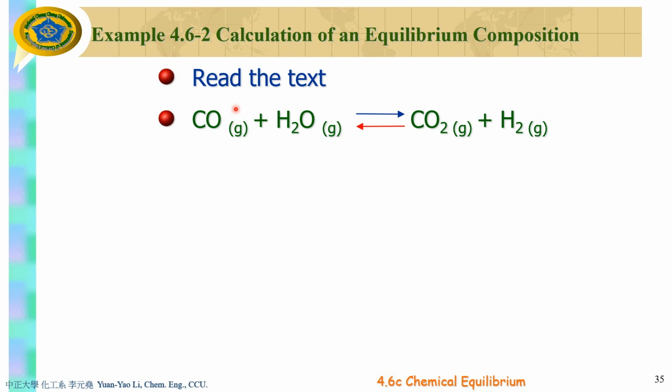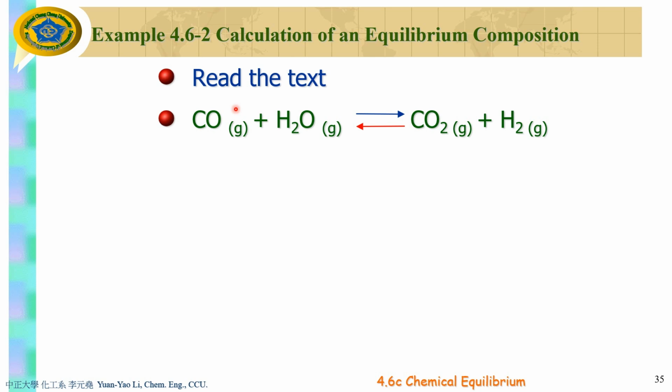This is the product, and the reactants are underneath: divided by y_CO times y_H2O equals K. K is the equilibrium constant. The temperature is 1105 Kelvin, and K is 1.